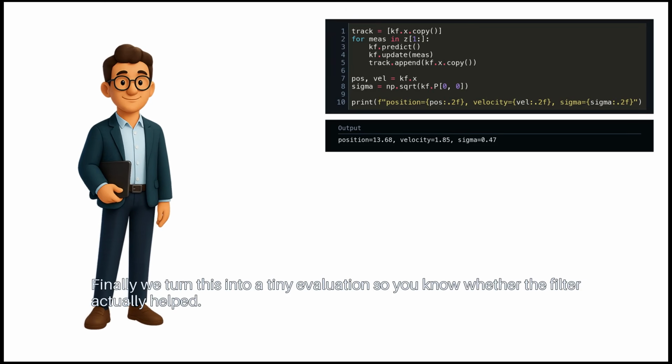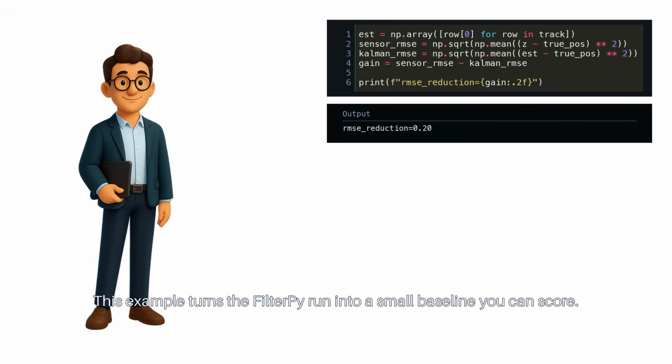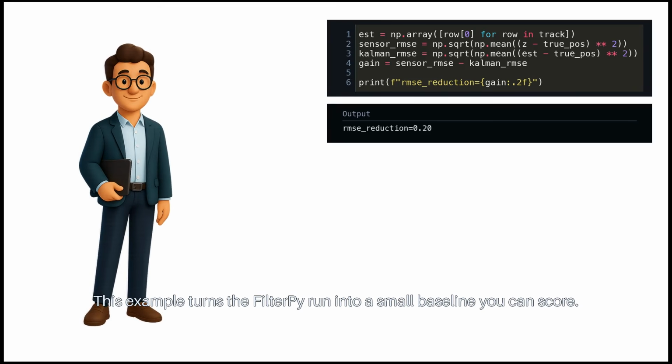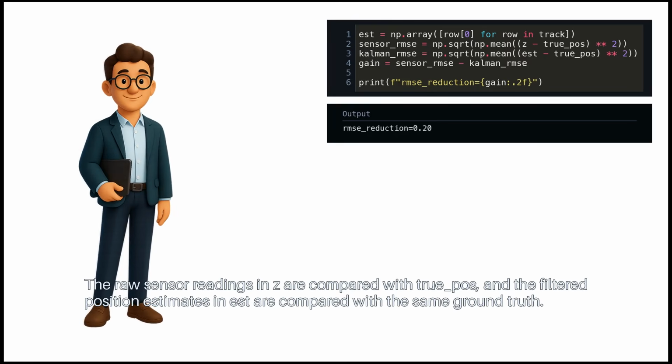Finally, we turn this into a tiny evaluation so you know whether the filter actually helped. This example turns the FilterPy run into a small baseline you can score. The raw sensor readings in Z are compared with true pos, and the filtered position estimates in EST are compared with the same ground truth.